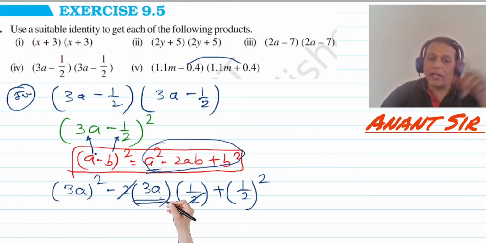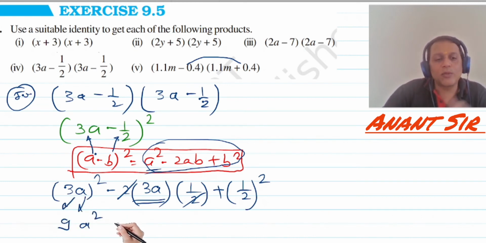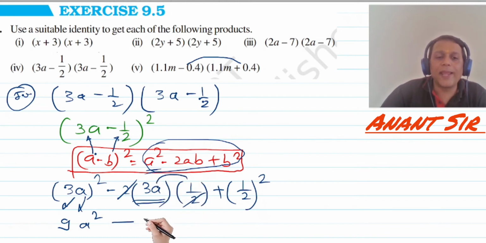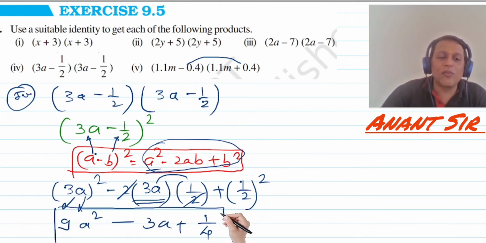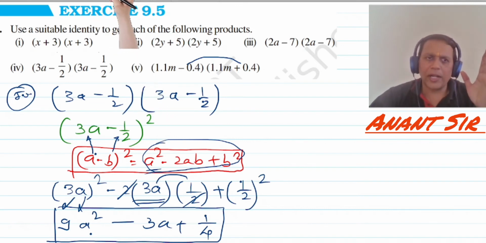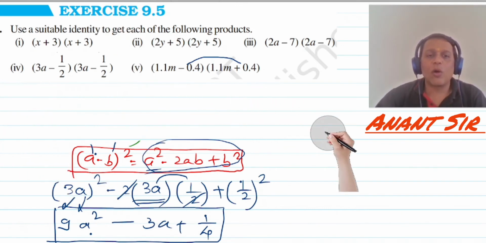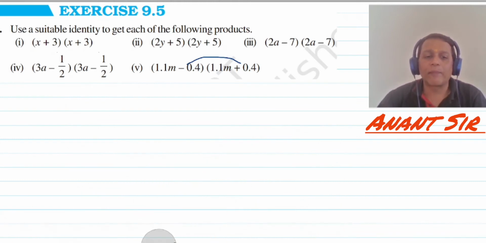So I can cut that 2 easily. Now what is the square of this 3? It is 9. a square is going to be a square only, minus 3a ones are 3a, plus 1 square is 1 and 2 square is 4. So this is our final answer, friends. I hope you are getting the questions. Now let's move on to solve question number 5.